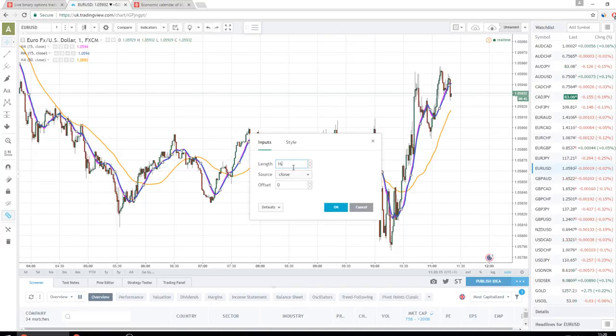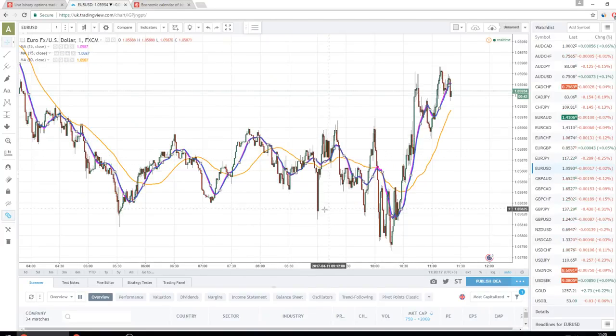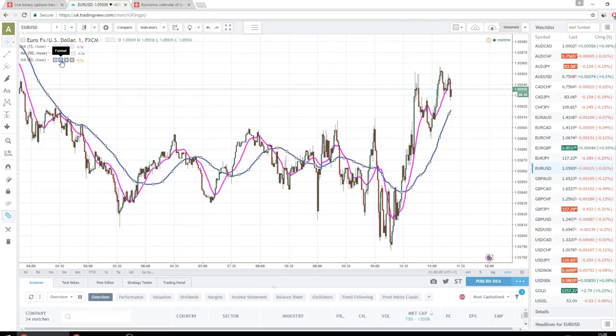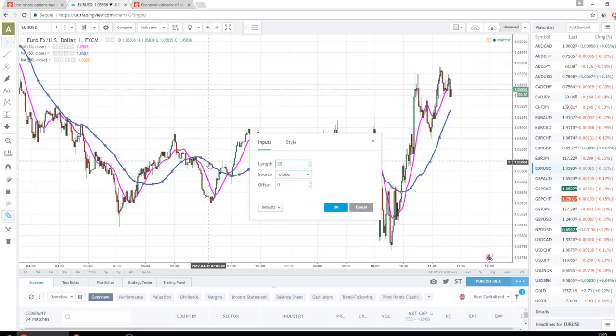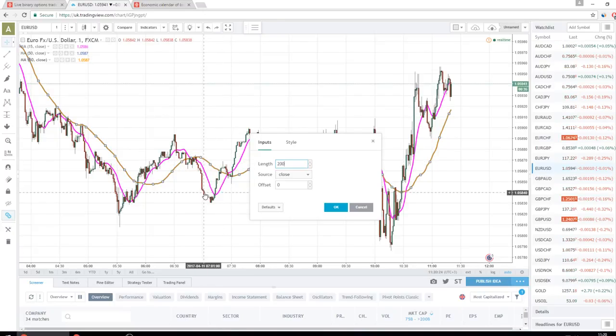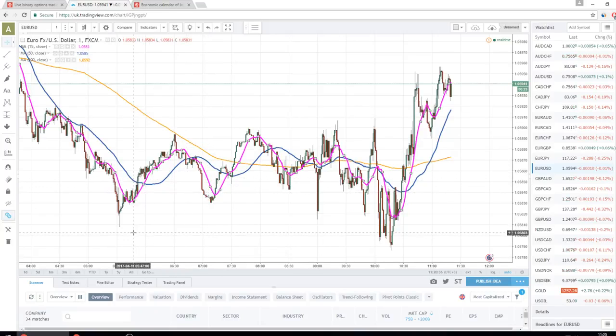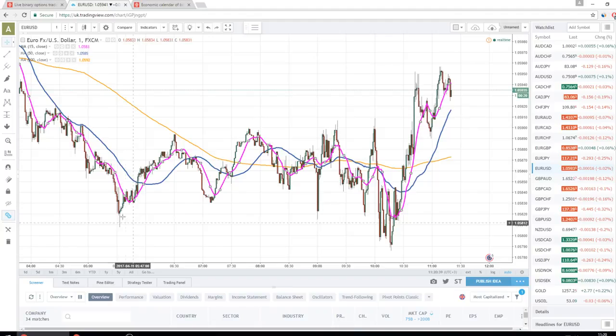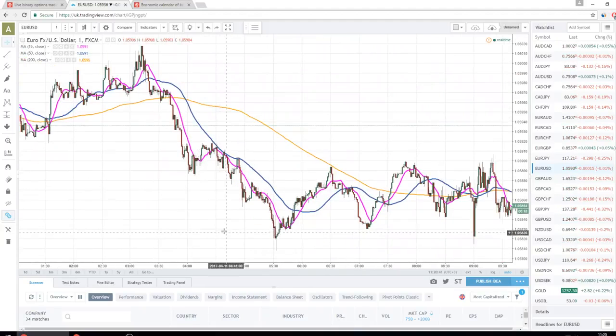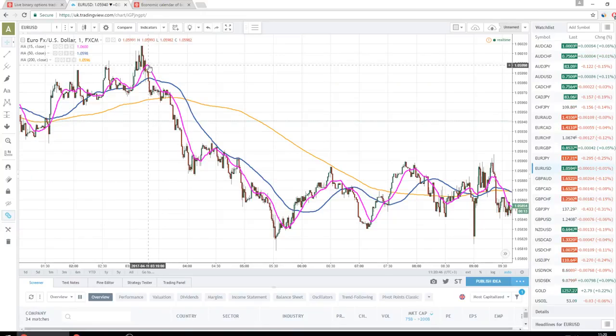Here we can put 50, and here we can put 200. Basically, that's the sort of crossover where you need to pay attention to what's going on right now and which moving average is crossed and how.